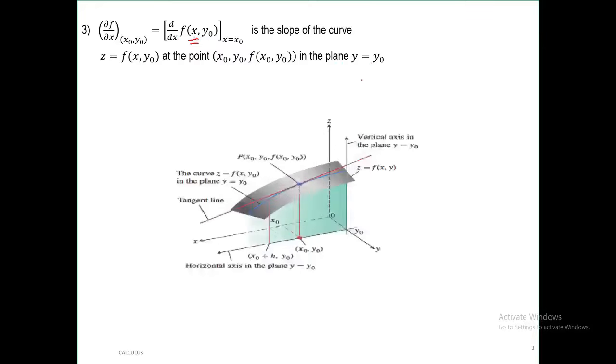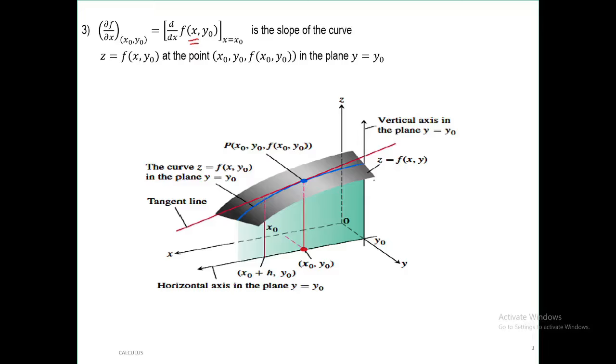So geometrically it will be like this. Look at the surface now. Initially it is a surface. Then what am I doing? I am substituting y is equal to y naught because you are doing dou z by dou x, right? That means with respect to x you are taking the derivative, therefore treating y as constant. Then substitute y is equal to y naught. Then what will you get? F of x comma y naught. Now this is a curve, right?